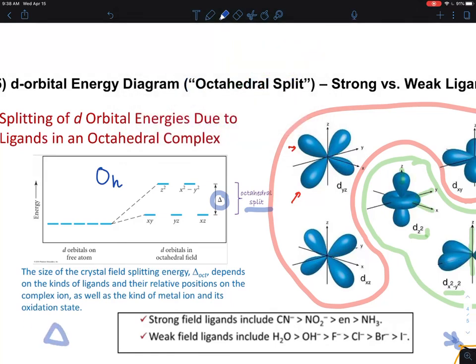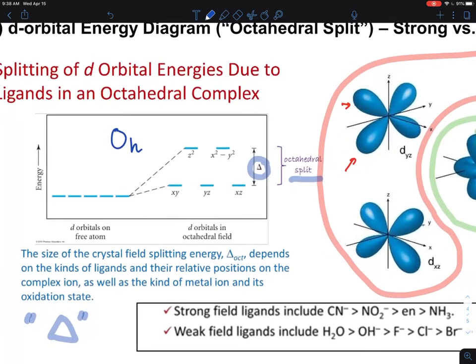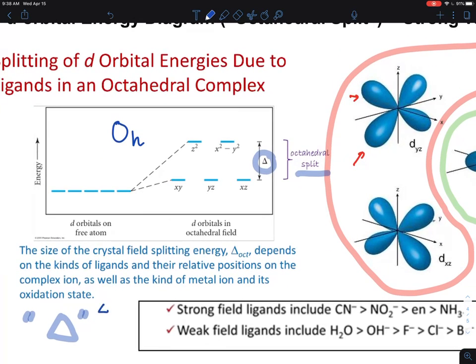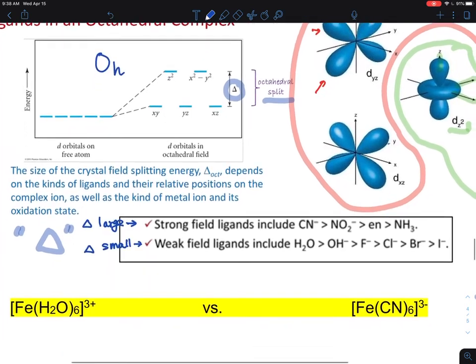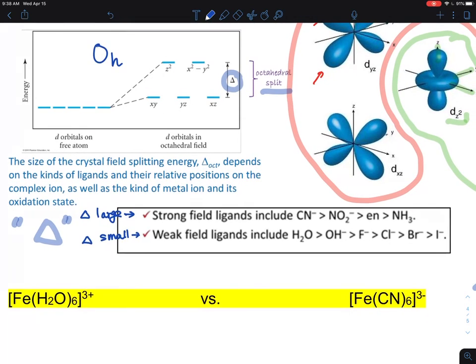So the delta is how much of an energy splitting you have. This is a case of delta large, where you see a larger increase, and this is a case of delta small, where the ligand is not pushing the electrons so much.